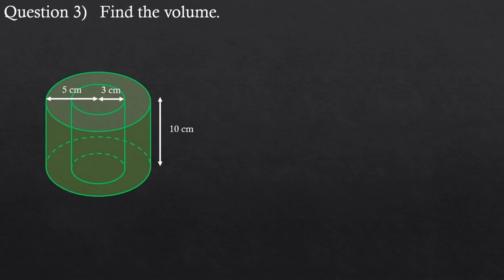Okay, for those of you who have waited, what should be the base in this case? Is it this circle that has the area of 25 pi centimeters squared? No, the base should look like a donut. We have to take out the area inside, right?